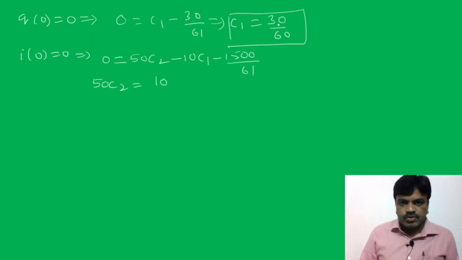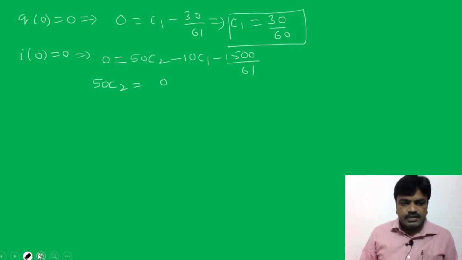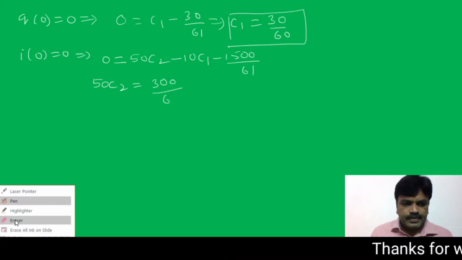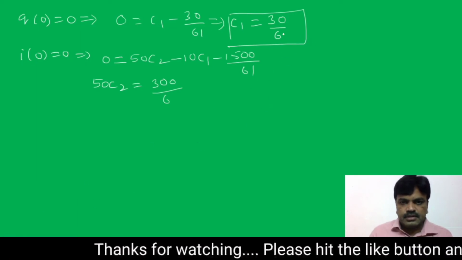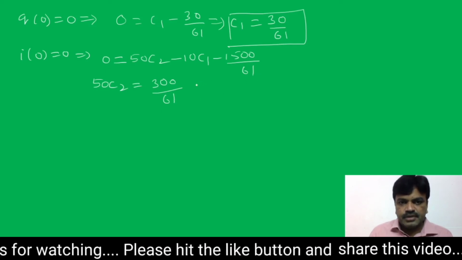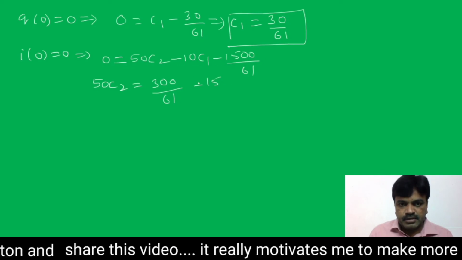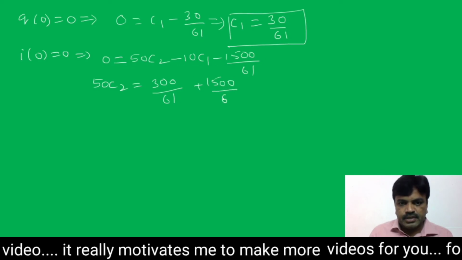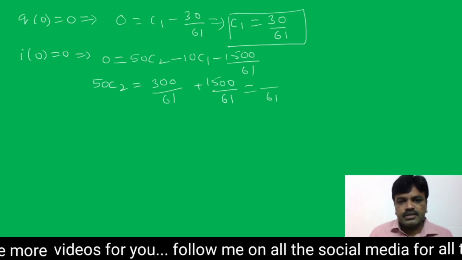So 10 into 30 means 300 by 61, friends, clearly 61 here, plus 1500 by 61. The LCM is 61 here, so 1500 plus 300.